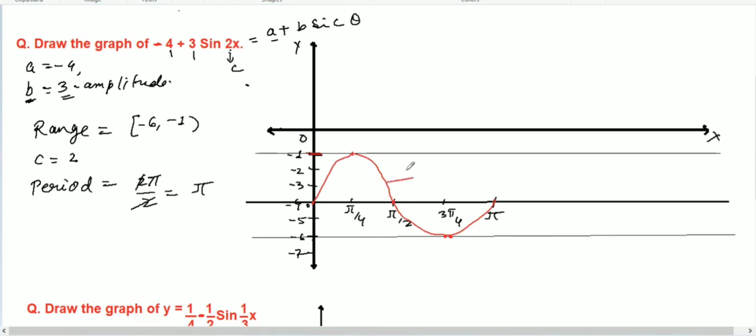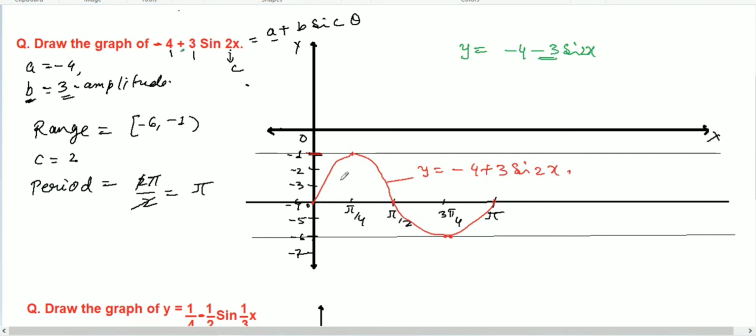So this is your graph of y equals -4 plus 3 sine of 2x. Now, if I give you the question, draw the graph of -4 minus 3 sine 2x. What I changed here is only, in place of plus, I gave minus.